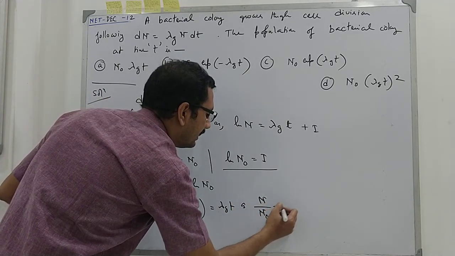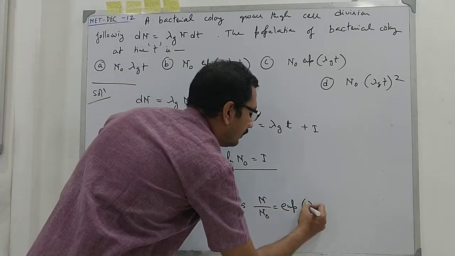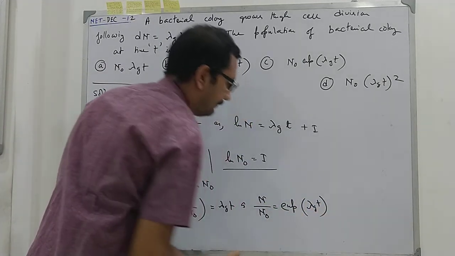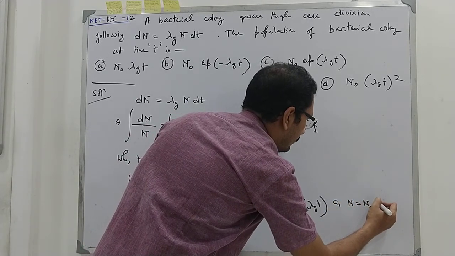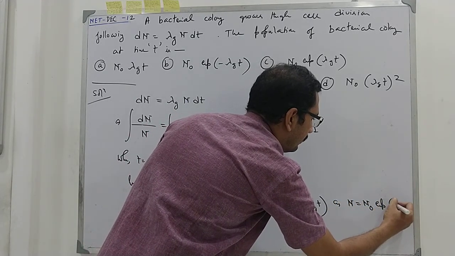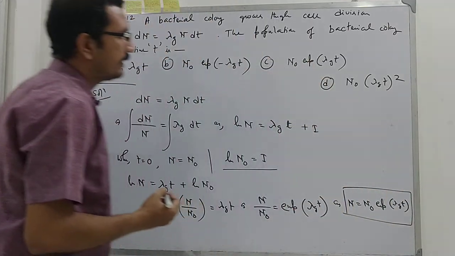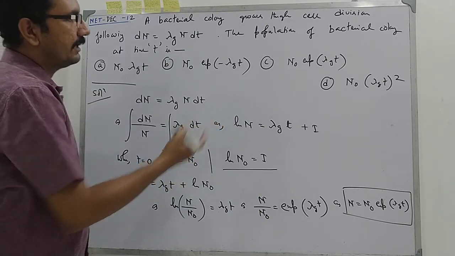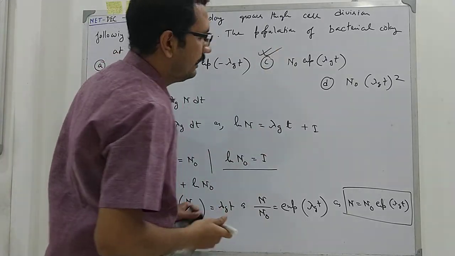It gives us N by N0 equals e to the power lambda g t, or N equals N0 exponential lambda g t. So this is the integrated rate expression for the bacterial colony growth. So this is the correct answer.